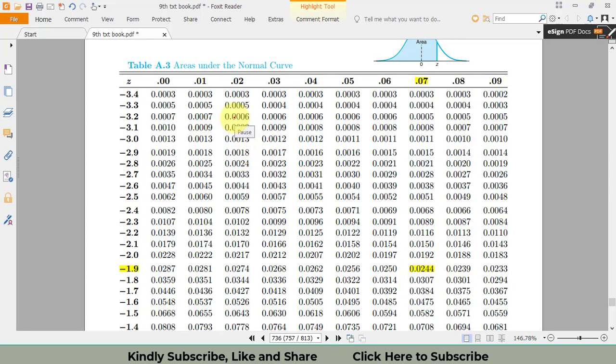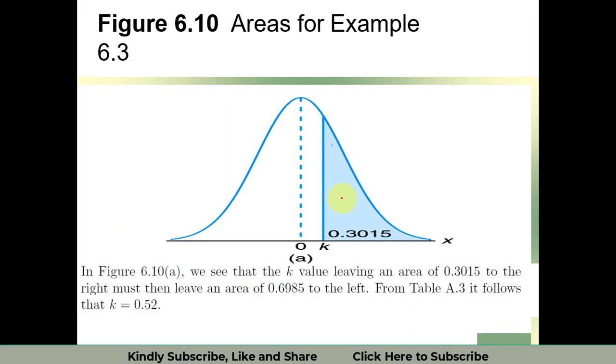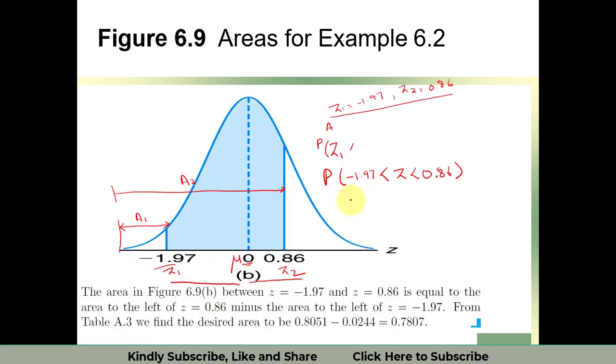We will write here the probability associated with z less than 0.86 minus the probability associated with z greater than minus 1.97. We just subtract these two probabilities, 0.8051 minus 0.0244, and this will be equal to 0.7807. So these were a few methods of how we can calculate the areas under the curve.